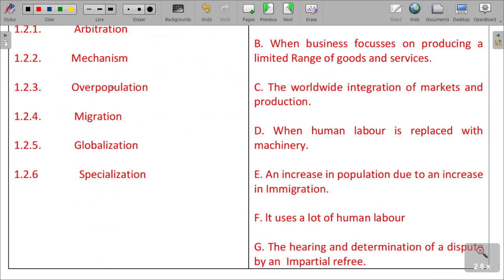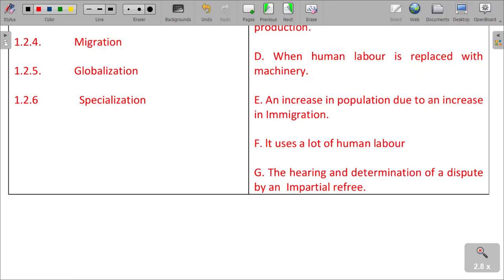Arbitration is the hearing and determination of a dispute by an impartial referee, a person standing between the two parties with no sides, considering the facts and evidence of both.